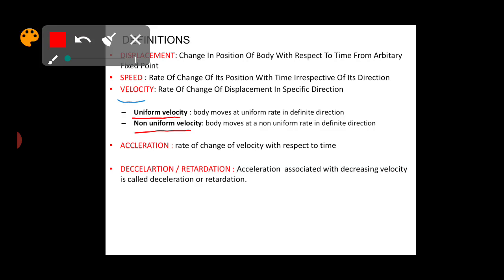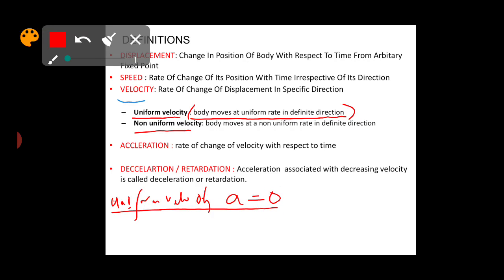Uniform velocity is one where the body moves at a uniform rate in a definite direction. When I say the body is in uniform velocity, it means the acceleration A is equal to 0. Uniform velocity is defined as V is equal to S upon T.